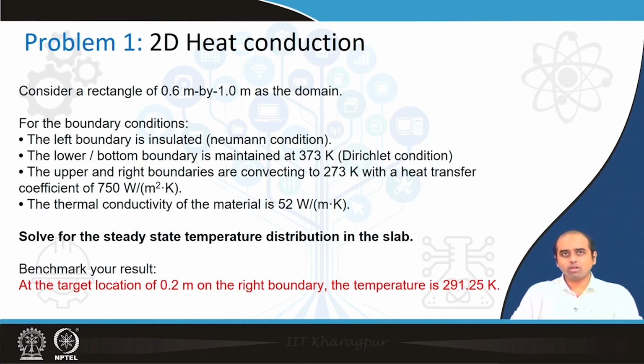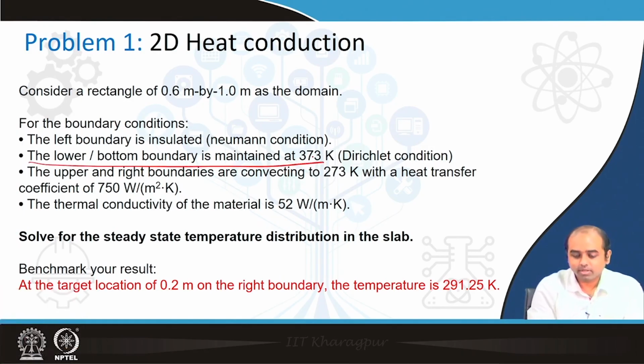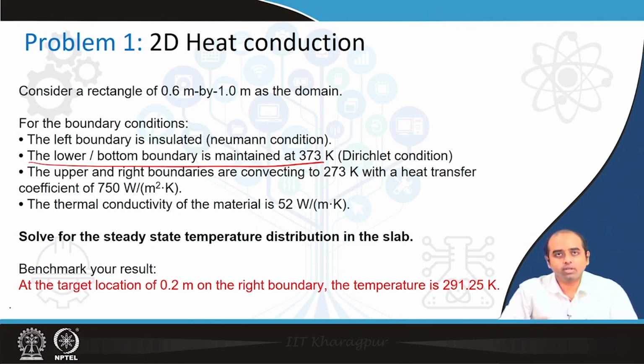So, just a rectangular block, and then we suggest that the bottom boundary is heated at 100 degrees Celsius or 373 Kelvin, and the left boundary wall has a Neumann boundary condition, and the right and the top boundary walls are convecting to the ambient. The thermal conductivity is mentioned, and we want to find out the steady state temperature distribution in the slab.